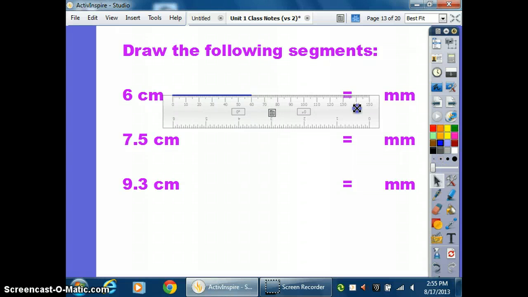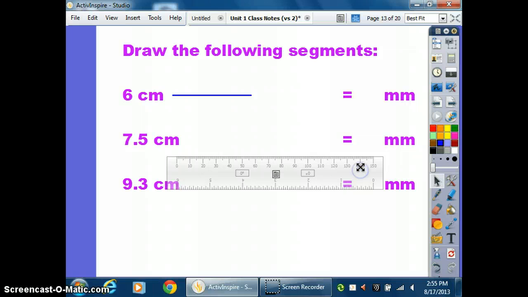So what we're saying is that segment, 6 centimeters, equals 60 millimeters. A millimeter, just to give you an eyeball idea of what a millimeter is, it's like a dime sitting on its edge. It's that width. And a centimeter is about the width of a small finger.